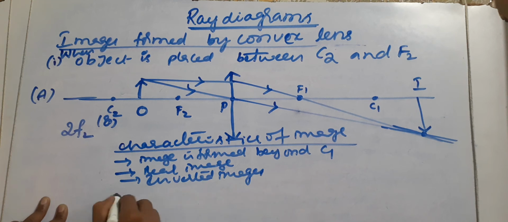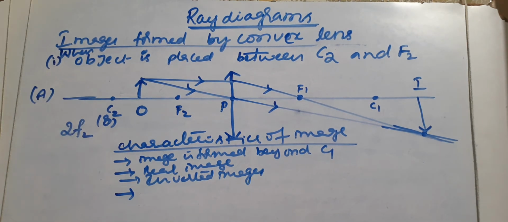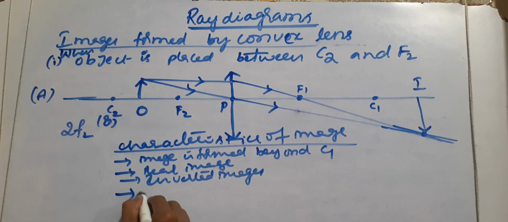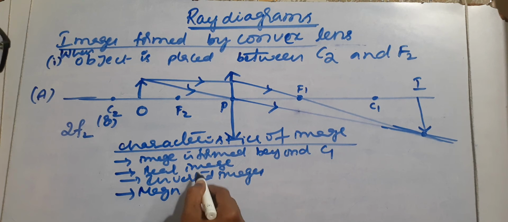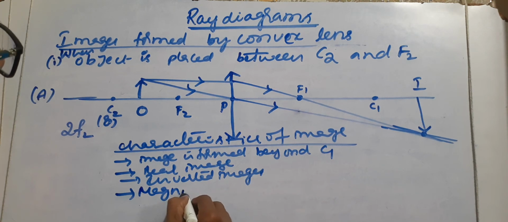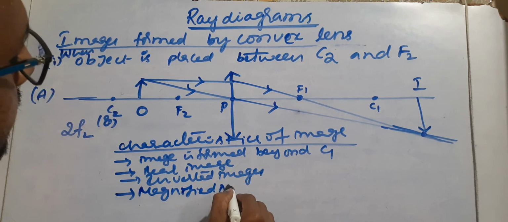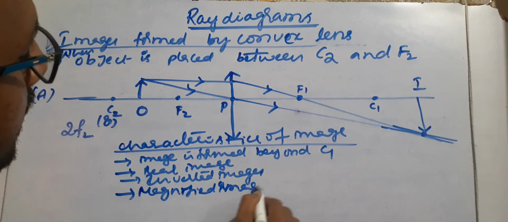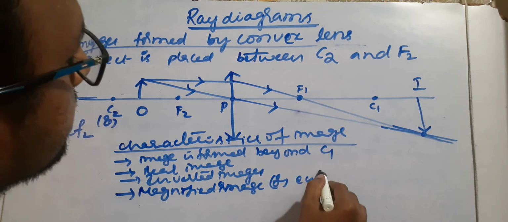Now you can see the size of this image and compare it with the size of the object. It is an enlarged or magnified image. Its size is bigger than the size of the object.